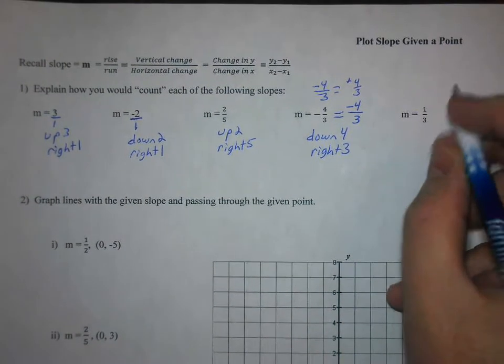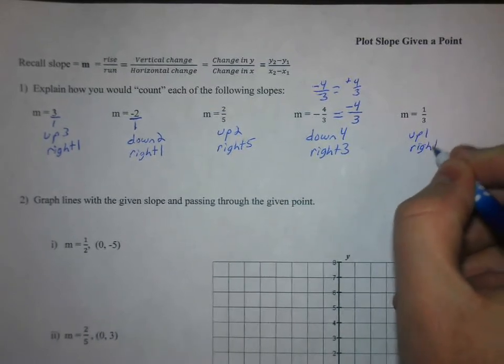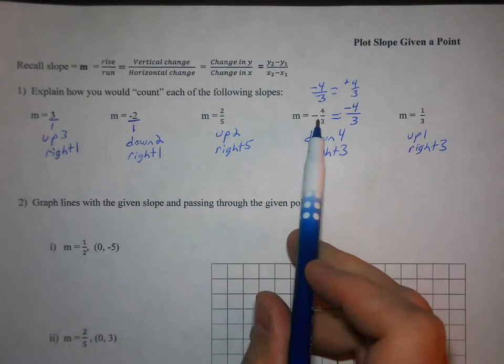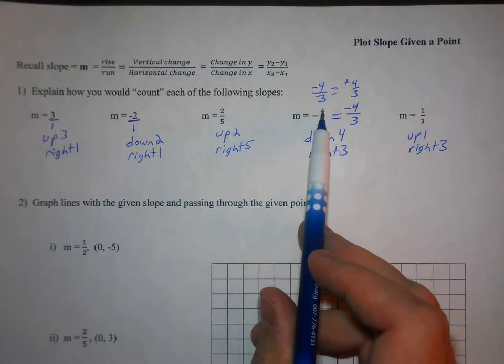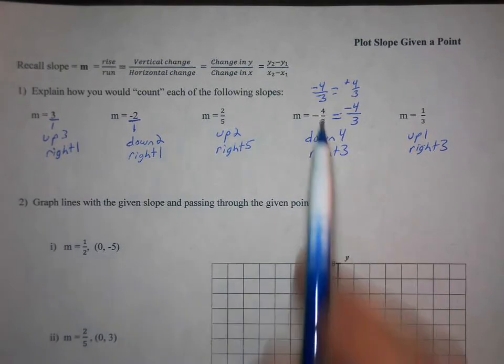And then finally, the last one, a slope of 1/3 means you go up 1 to the right 3. So that's how you count slopes. You want to think about it as a fraction, as rise over run, and just be careful when you have a negative slope. Put the negative in the numerator, not the numerator and the denominator. It's one or the other, but not both.